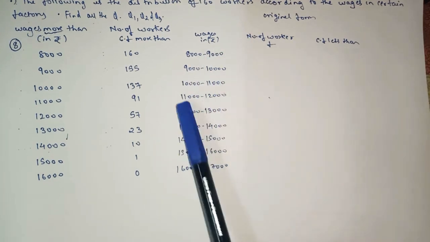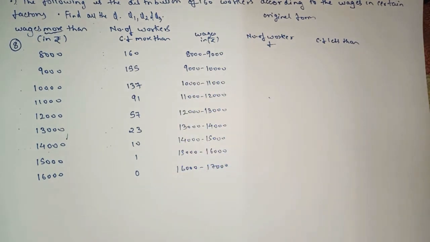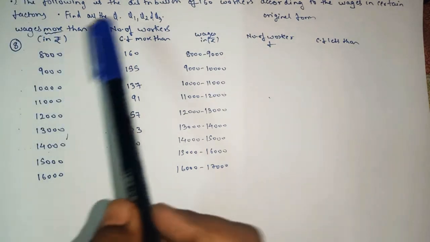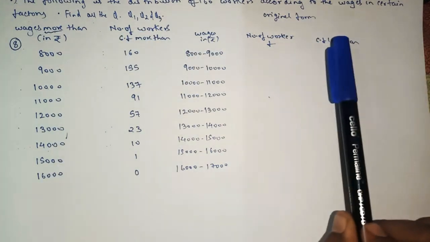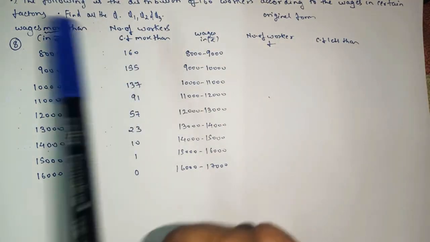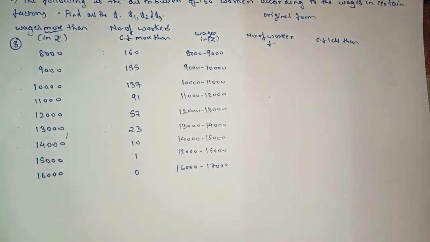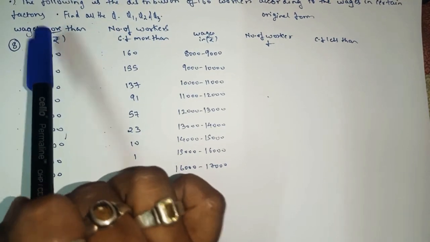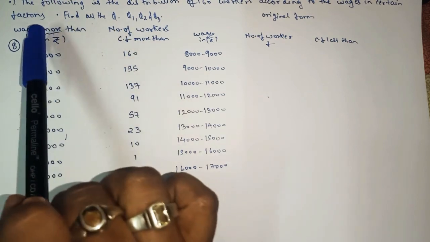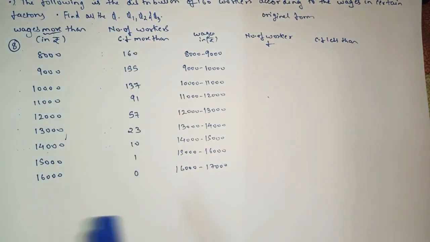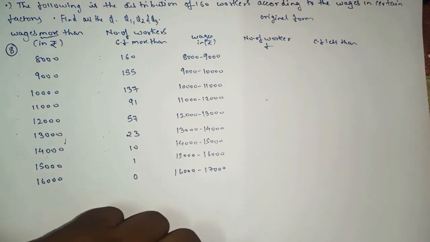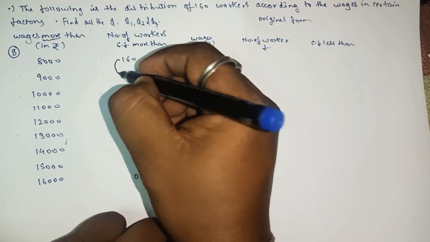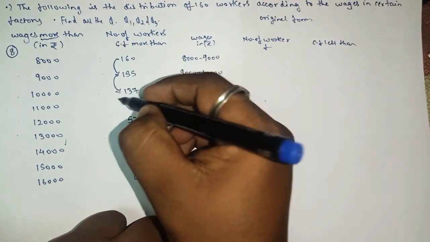Okay, as clearly we can see, the original class is a continuous class, and whenever they use the word more than or less than in the class, see to it that your second column is not your frequency, it is the cumulative frequency. Now which cumulative frequency is it? A more than cumulative frequency. So here, if it is more, this will be cumulative frequency more than. If here they use the word less, this column will be what? Cumulative frequency less than. Now we'll see how to find the frequency here. It is very simple, just go on subtracting the numbers like this.